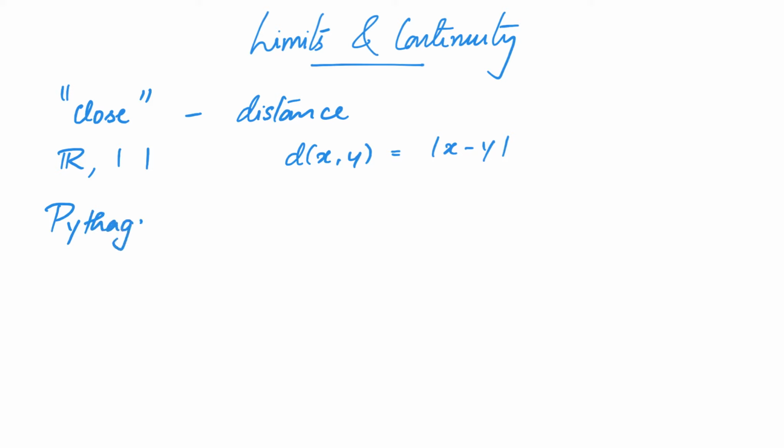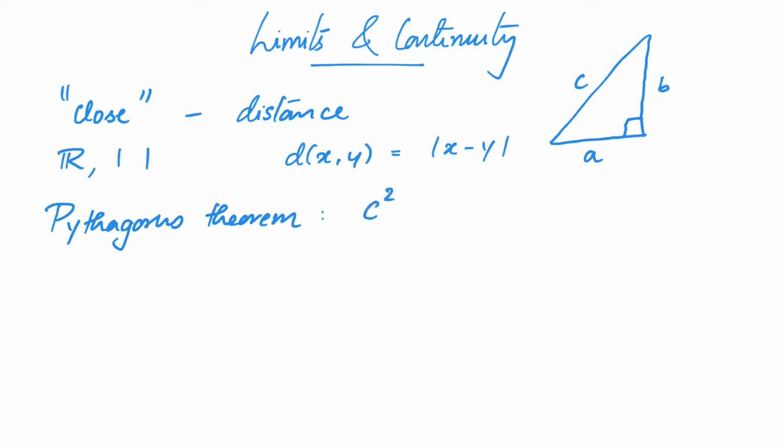Now we want to define a similar structure on Rn, and for this we will use the familiar Pythagoras theorem. Pythagoras theorem, as we all know, talks about right-angled triangles. More precisely, if you have a right-angled triangle with sides a, b and c, then Pythagoras theorem says that c square is equal to a square plus b square.